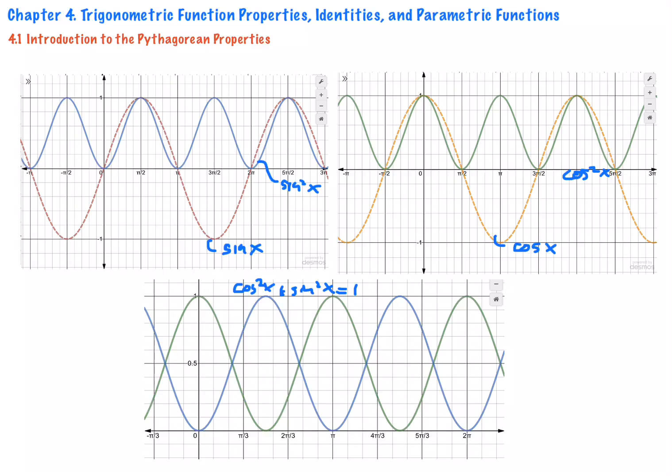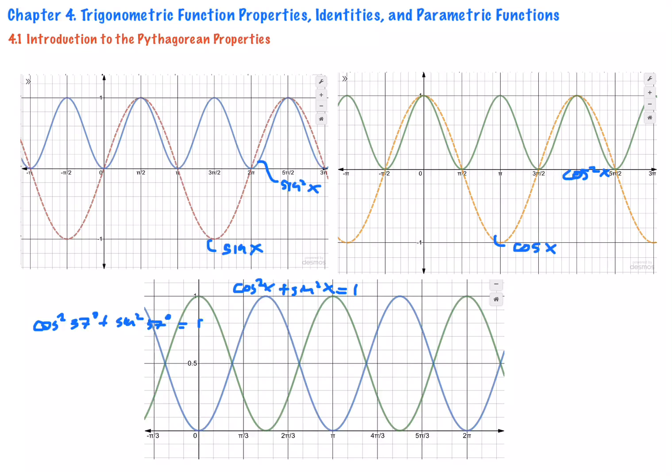This is graphically proving that cos square x plus sine square x equals 1, which means that if I put cos square 37 degrees plus sine square 37 degrees on your calculator, you always get 1, or with any same number, let's say 6 and 6 over here, it will be equal to 1.